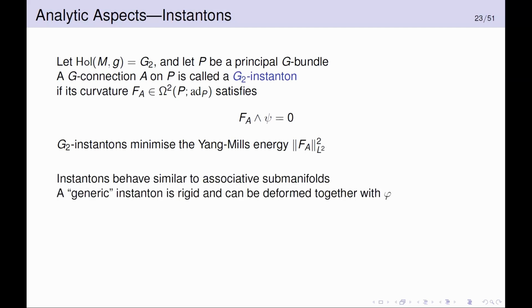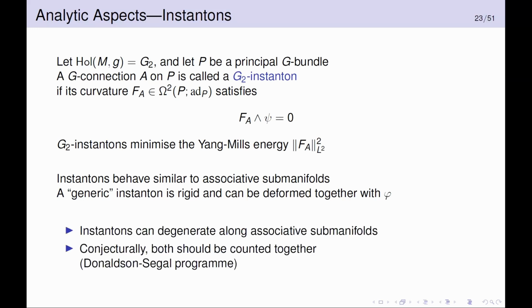The only thing we care about right now is that from the deformation behavior, instantons behave quite similar to associative submanifolds. Also, by Donaldson, Segal, Haydys, Walpuski, whatever, a generic instanton is, sorry, that comes later. A generic instanton is rigid, so it cannot be deformed. But maybe if you deform phi, it will vary, so you will have a combined instanton and G2 moduli space as before, and you can ask very similar counting questions.